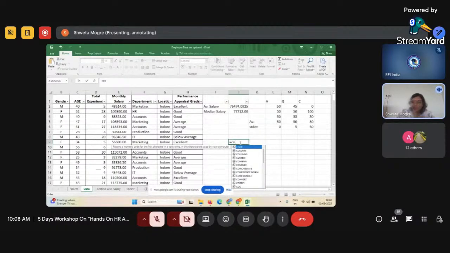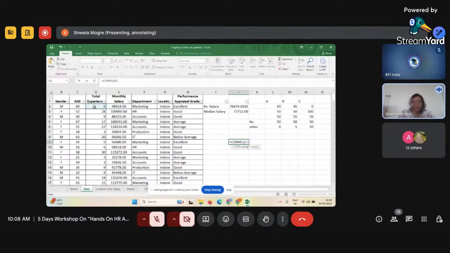The correlation formula is CORREL. Whenever I type CORR, it gives me a drop down in which I can select CORREL, and then select the range.